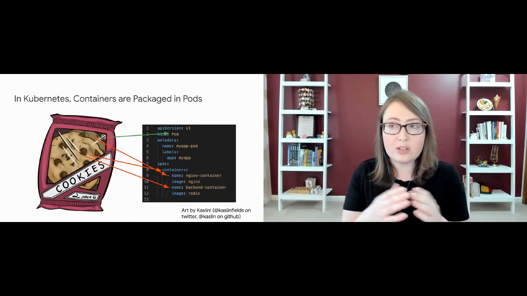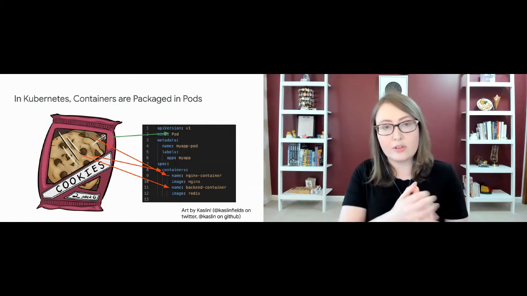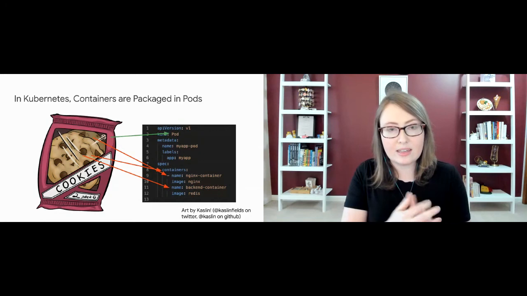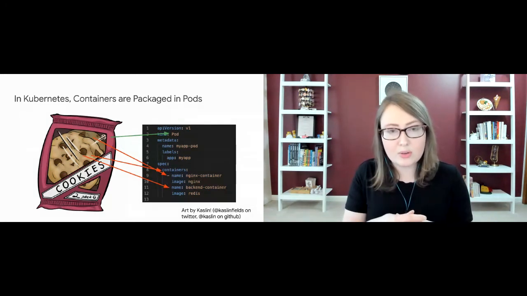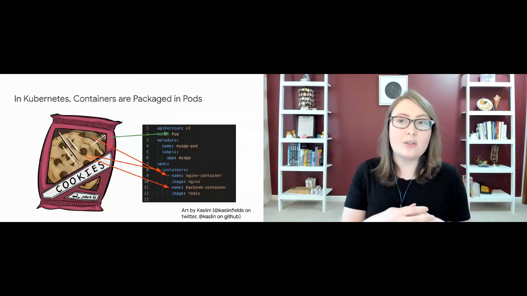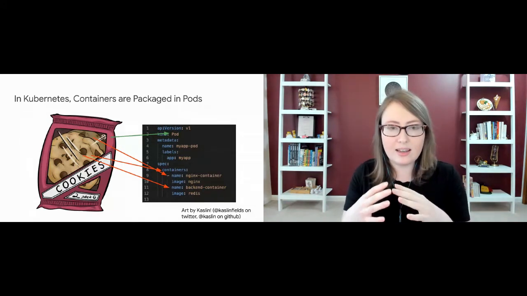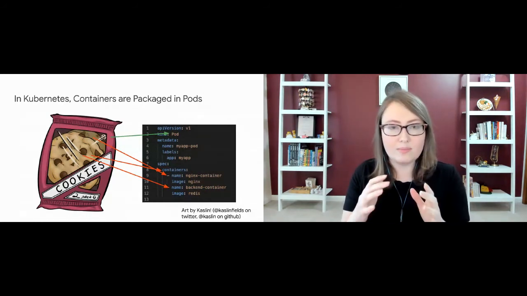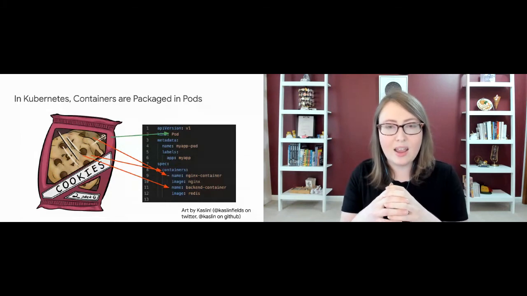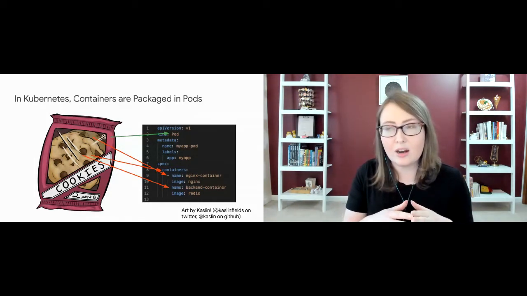A lot of service meshes also add some logging and monitoring capabilities into the sidecar. So they'll grab logs from your existing application and put those into some dashboard for you if you want. So this way, with the sidecar container, you can get extra observability, logging and monitoring, or do some proxying or things like that without having to add any extra code to the application that you actually care about.